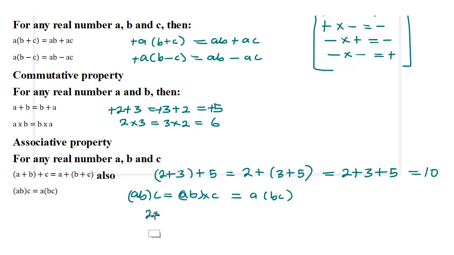If I represent the variables with numbers, a is 2, b is 3, and c is 4. So 2 times 3 times 4 is the same thing as 2 times into bracket 3 times 4, and that will give me 2 times 3, 6 times 4, that is 24.